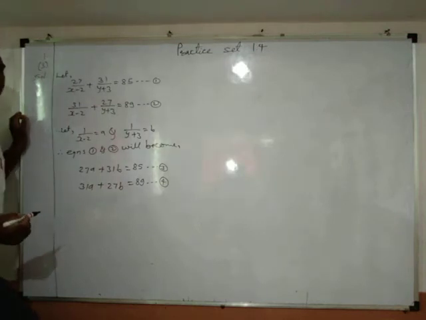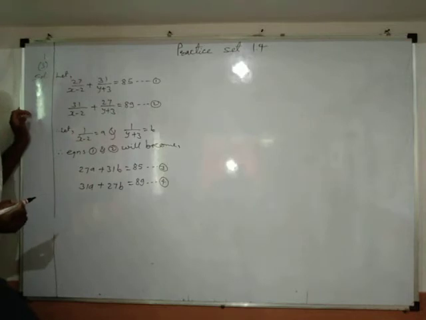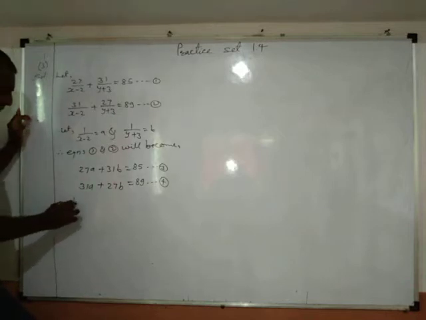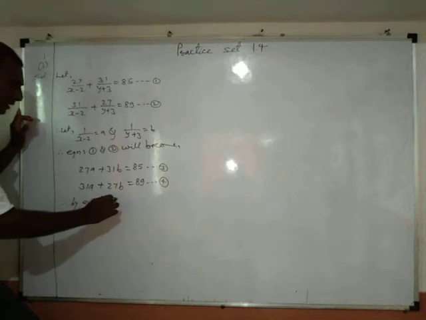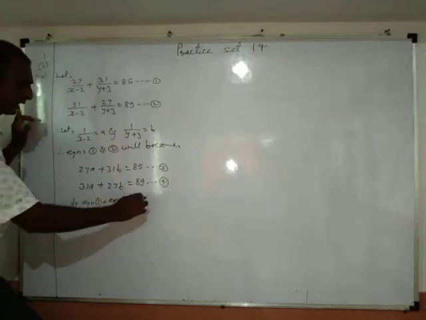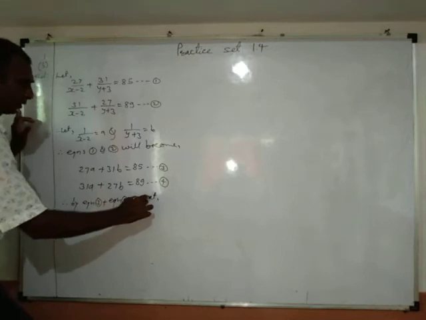In such type of examples, we used to add as well as subtract such type of equations to simplify them. And therefore, by equation 3 plus equation 4, let's see what we get.